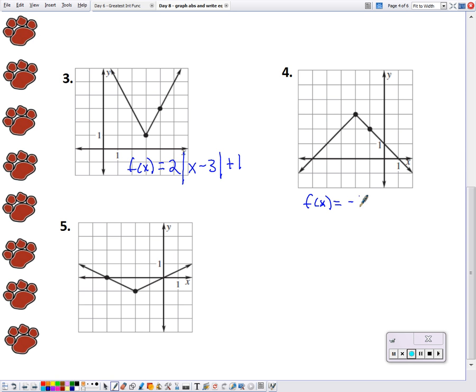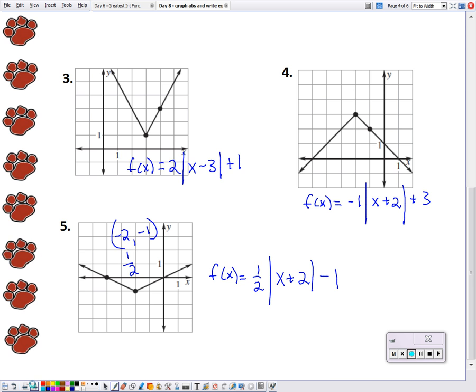So your a is negative 1, and it's going to be x plus 2 plus 3. So this last one has a vertex of negative 2, negative 1, and its a value, up 1, right 2, appears to be positive 1/2. So it's going to be f of x equals 1/2 times the absolute value of x minus h becomes plus 2 and then minus 1.